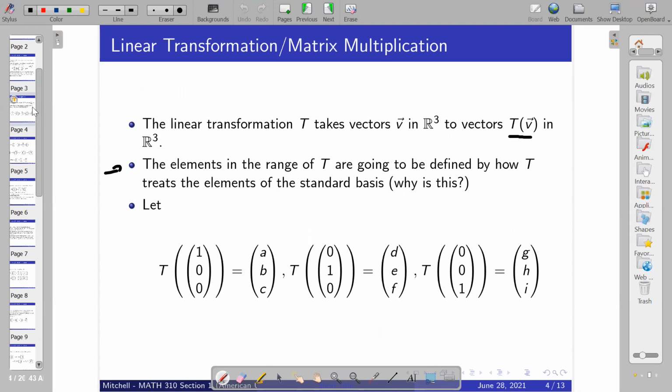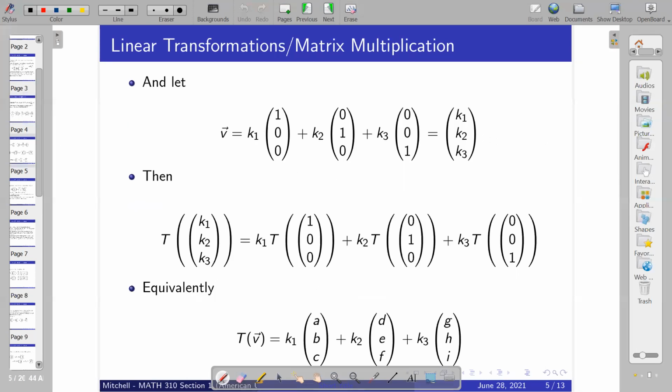The elements in the range of T are defined by how T evaluates the basis elements. So I'm just going to call T of (1, 0, 0) the vector ABC, T of (0, 1, 0) the vector DEF, and T of (0, 0, 1) the vector GHI. These are just choices. Call them what you want. There's a reason to change the names later, as we'll see, but I need to call them something. What these equations represent are the outputs of T evaluated on the individual basis elements.